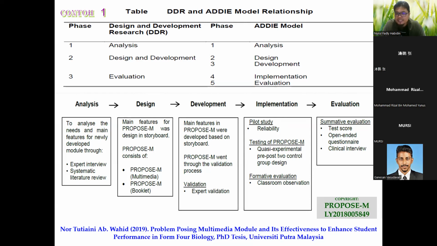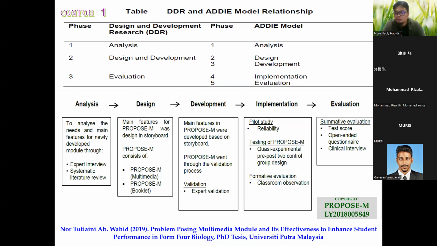If you notice, ADDIE stands for A analysis, D design, D develop, I implementation, E evaluation. This means these 5 are the steps they need to follow in order to answer all their research objectives.